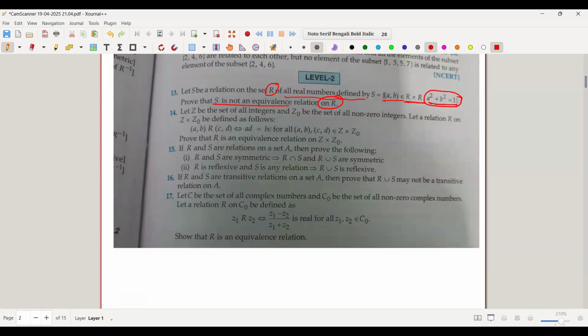Have you solved 15? Question number 15. Yes, I've solved.